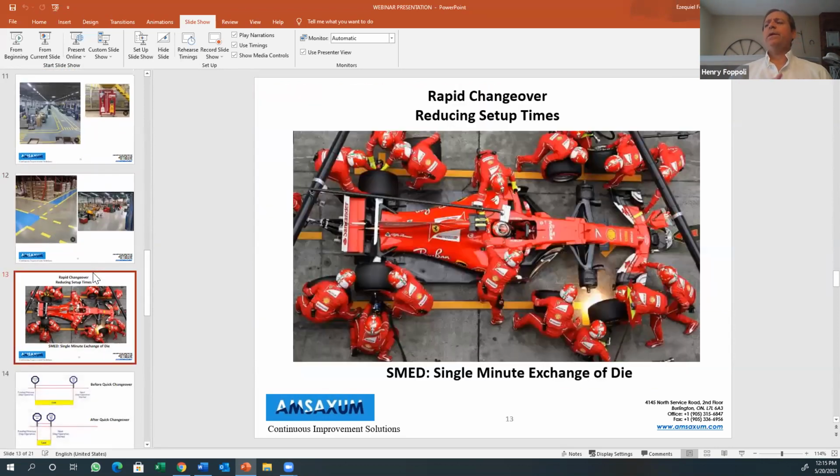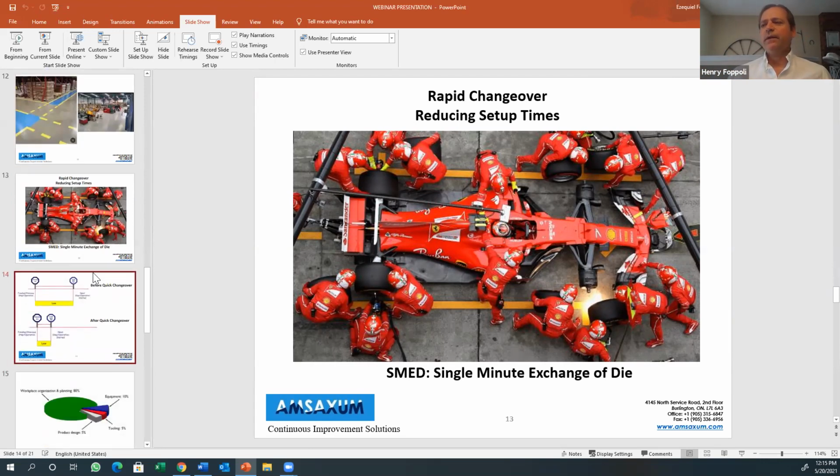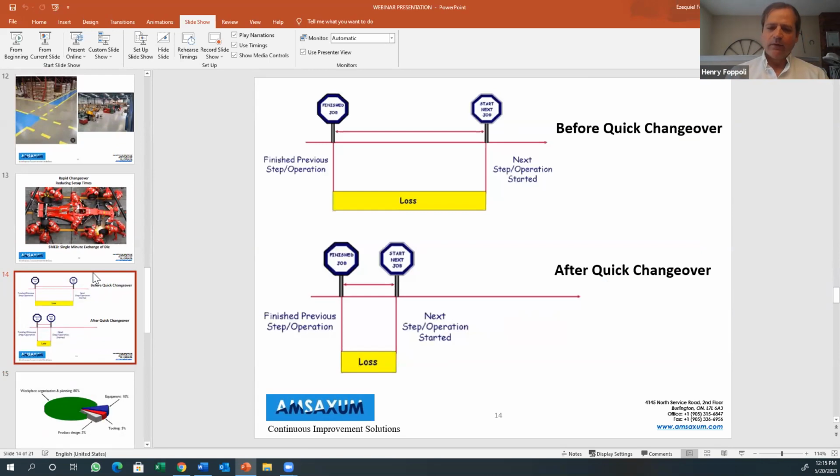Another huge tool is the rapid changeover, also called the single-minute exchange of die, which is many times compared to what happens in a Formula One pit stop, when the crew has to change or prepare the car to continue the race. The same thing happens in both manufacturing and service companies.